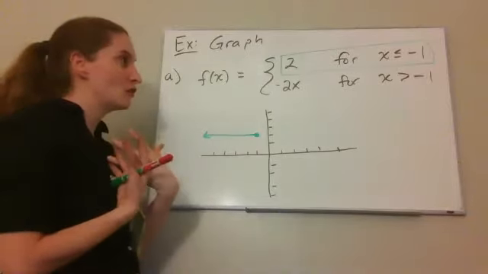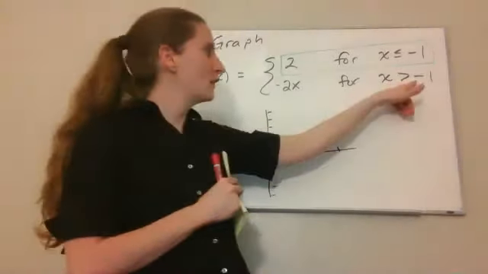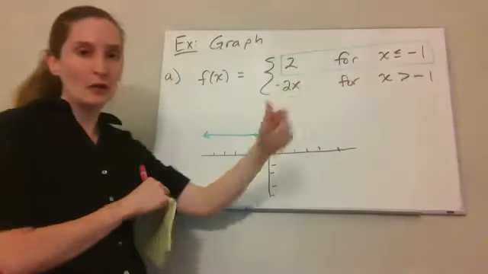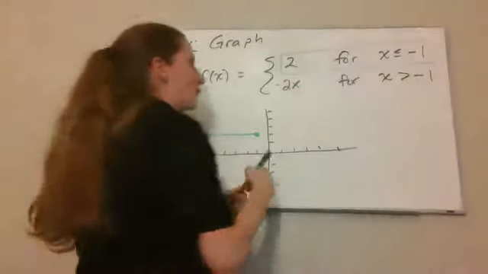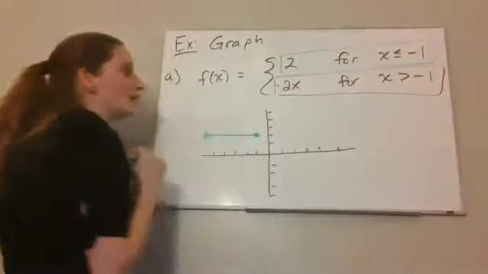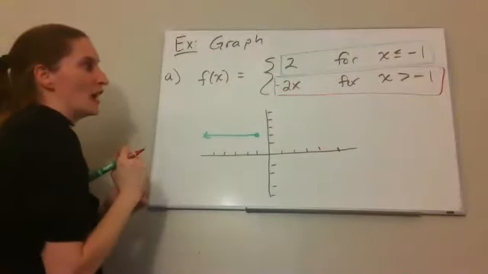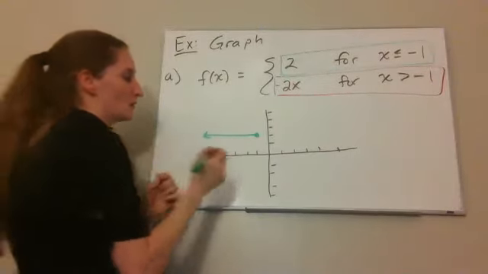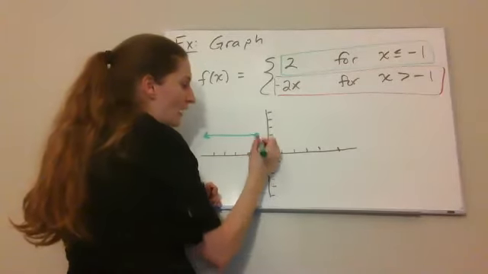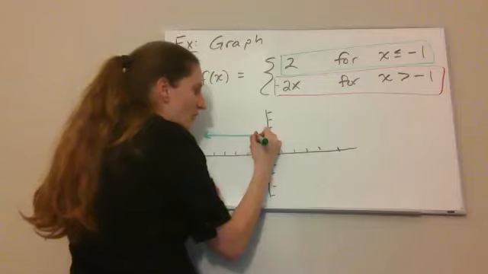So I would suggest that you still plug -1 into this one and just graph it with an open circle. If I were to plug -1 into this definition here, I'd get -2 times -1, which would be +2. So I would have an open circle for the red graph at -1, +2.